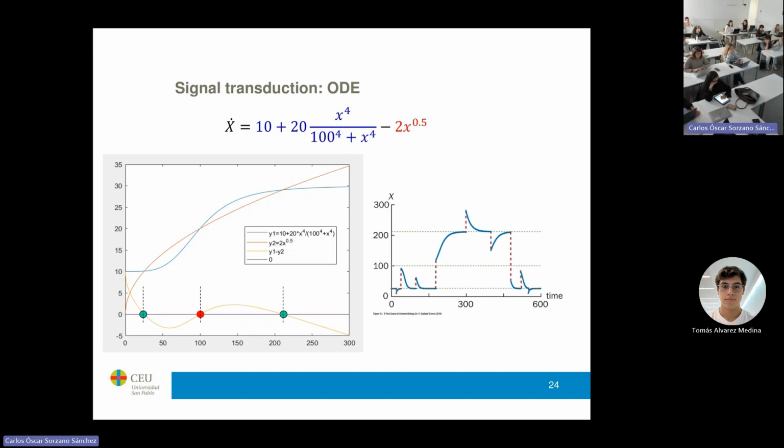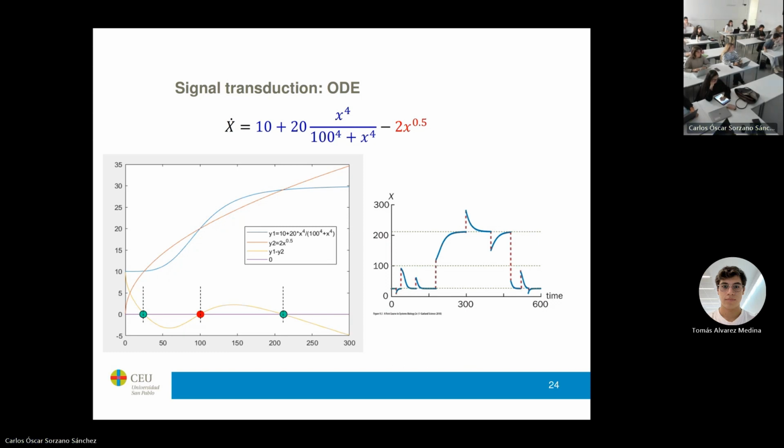How can we model this? The kind of mass action equations that we are having introduce this kind of terms. So we have some production, where X is created, and here X is destroyed.